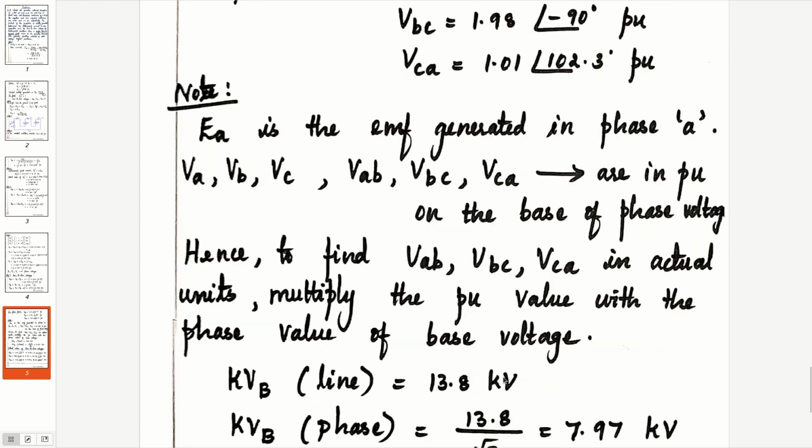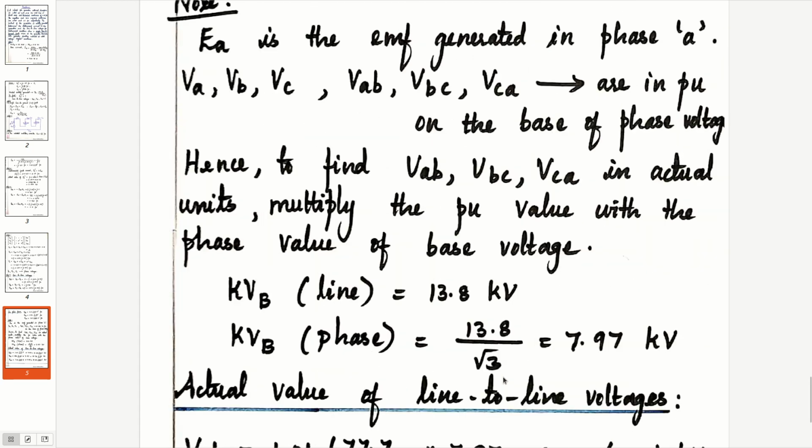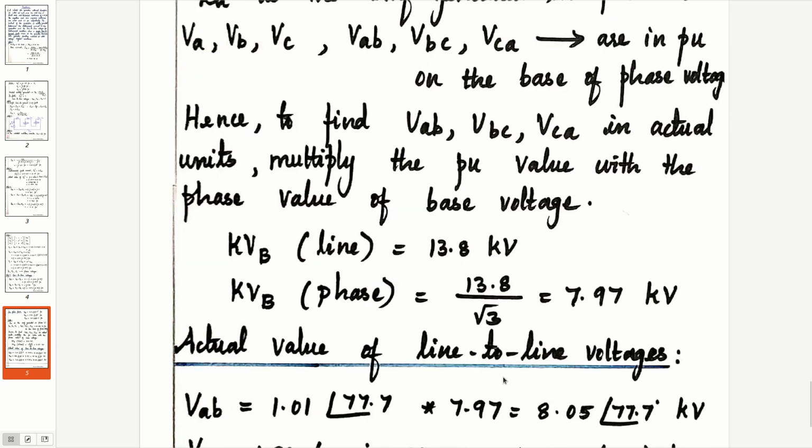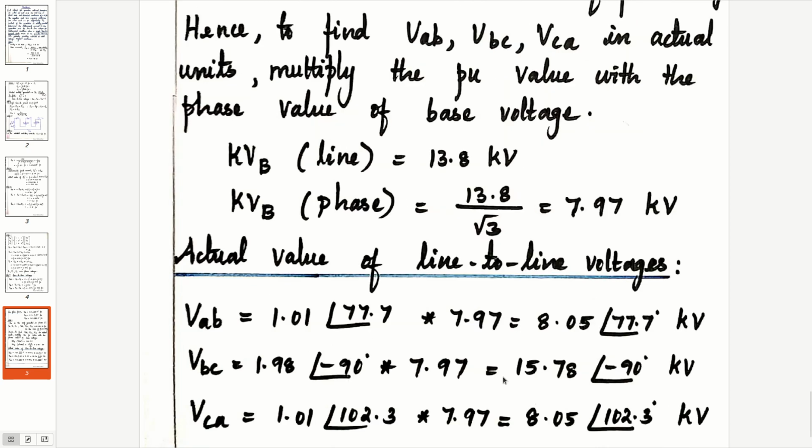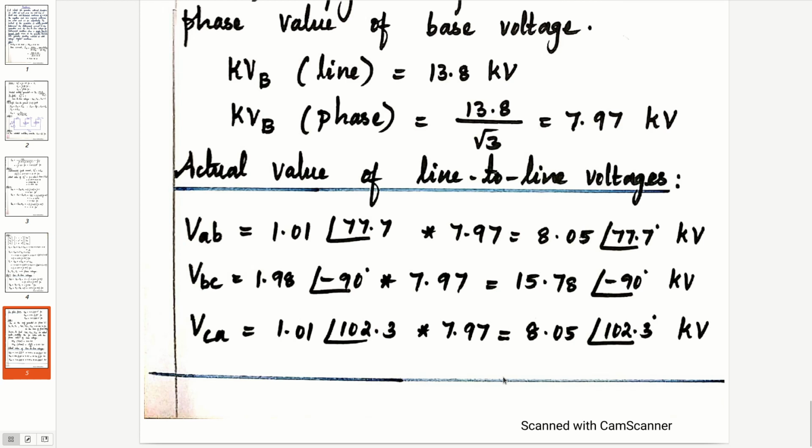What is the base voltage? 13.8 kV, that is the line value. Converting it into the phase value, 13.8 divided by root 3 gives 7.97 kilovolt. So 7.97 kilovolt is the phase value of the base voltage. Now find the actual value of the line to line voltages using 7.97 kilovolt as the phase value of base voltage. When you substitute and calculate, you will get the actual units of line voltage like this.